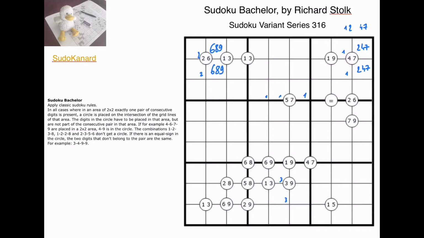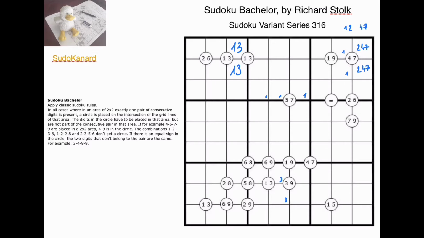Now you see that at least one digit among 8 and 9 has to be here. Oh, sorry, 1 and 3 must go there. Now, you see that those digits must be consecutive, so they must be 8 and 9. That's it.